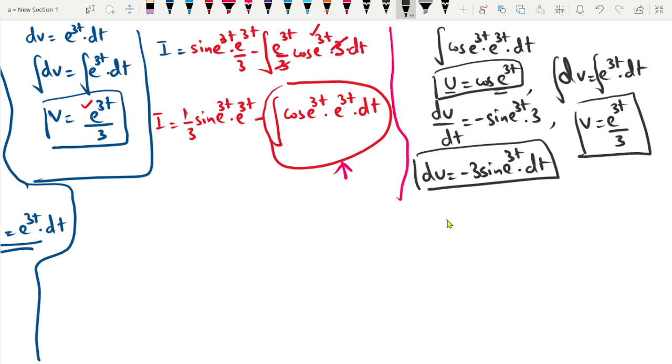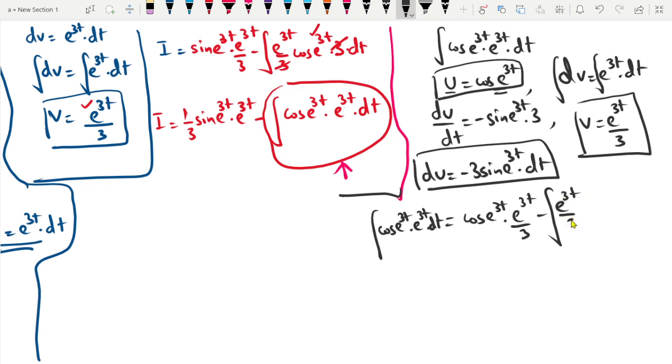So this is the value of du, this is the value of v, and this is the value of u. So the integral of cos of e^3t dt is equal to u times v, cos of e^3t times e^3t divided by 3, minus the integral of v, e^3t divided by 3, times minus 3 sine of e^3t dt.